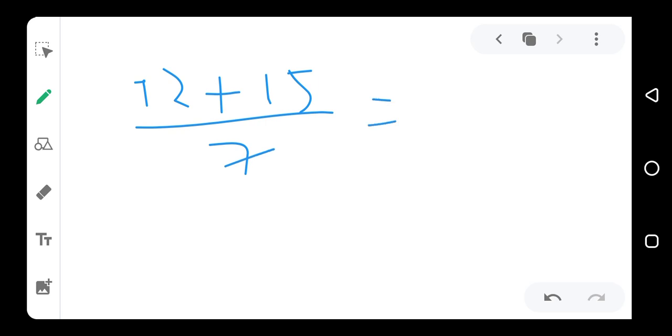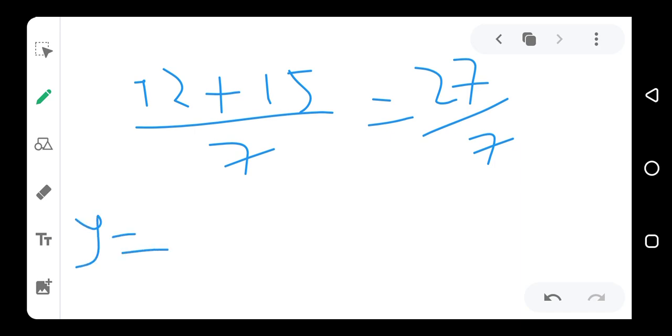If we solve this, that is going to give us 12 plus 15 over 7, which is equal to 27 over 7.